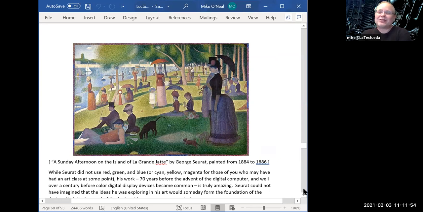And I have never seen this painting in person. I went to the Louvre in France a few years ago, and I was all excited because I thought, surely, for geeks at least, Seurat is the most famous French painter, and the Louvre will clearly have tons of his work.